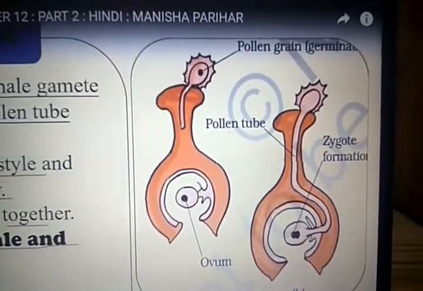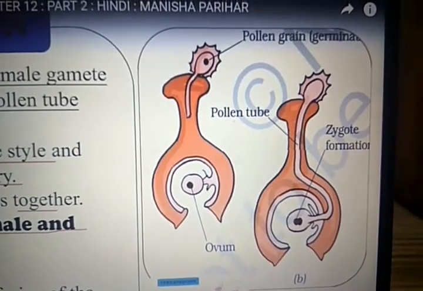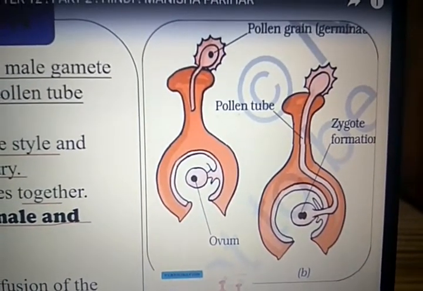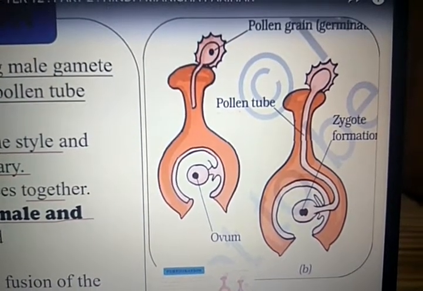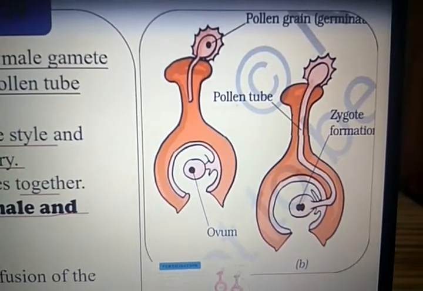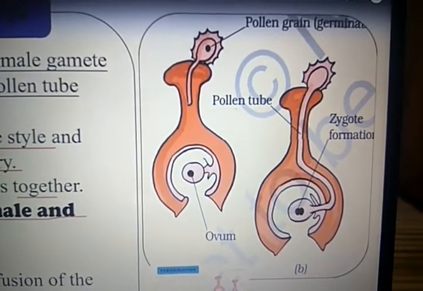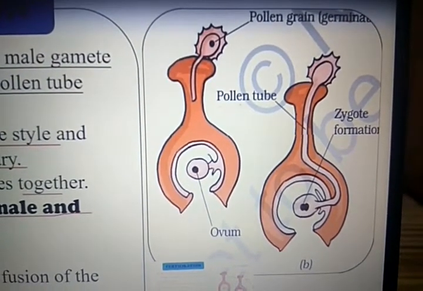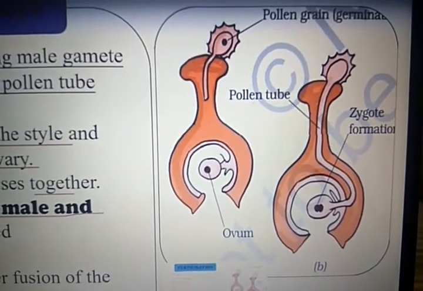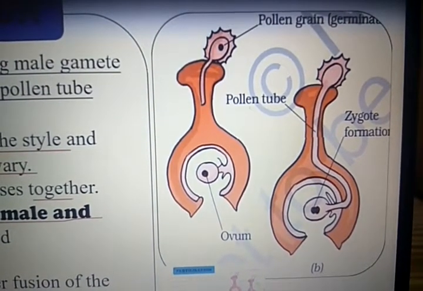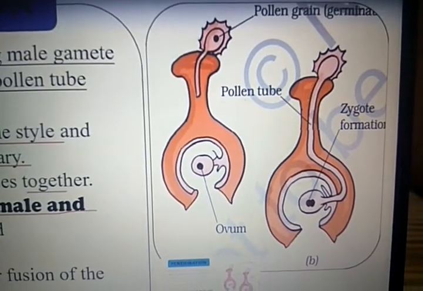You see, the pollen grain moves from stigma to style and then goes to ovary, where ovules are there. It meets the ovum, and then male gamete and female gamete fuse together, join together and form zygote.